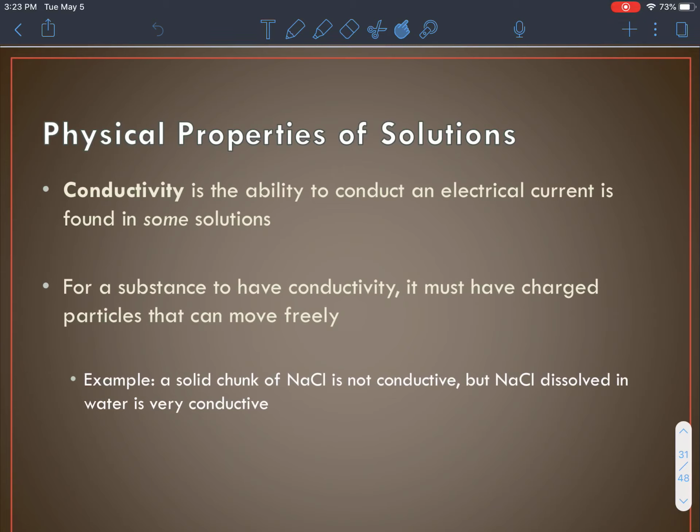how something conducts. Something is conductive if there is a flow of a negative charge. So it says here, conductivity is the ability to conduct an electrical current, and it's found in some solutions.